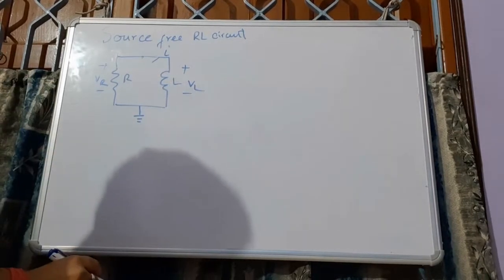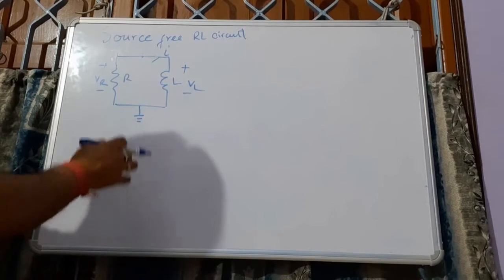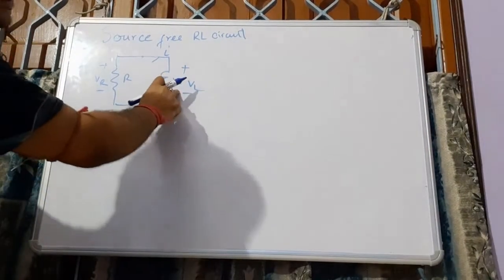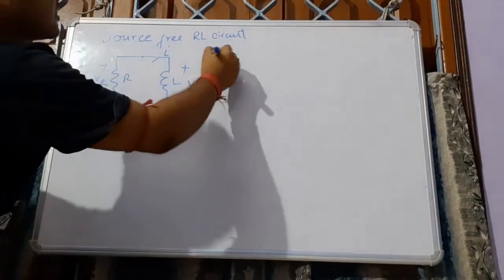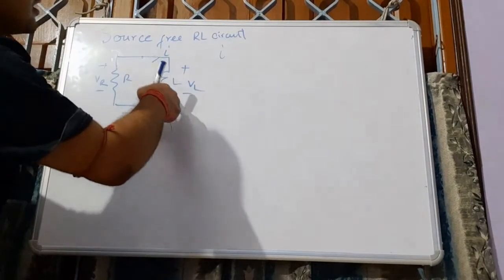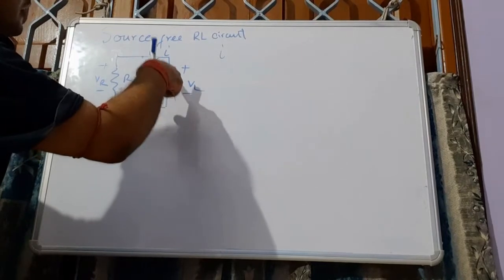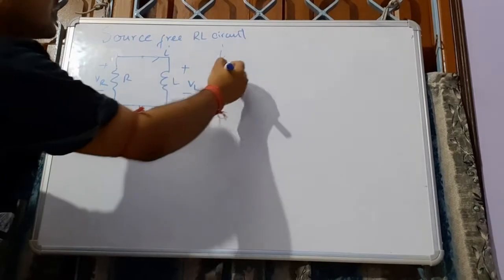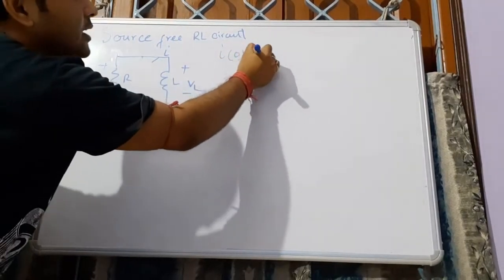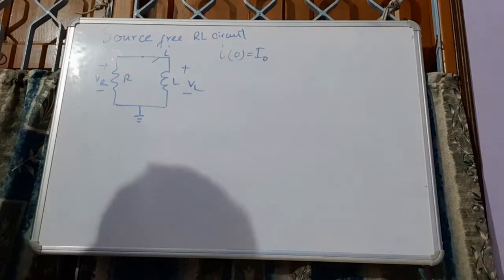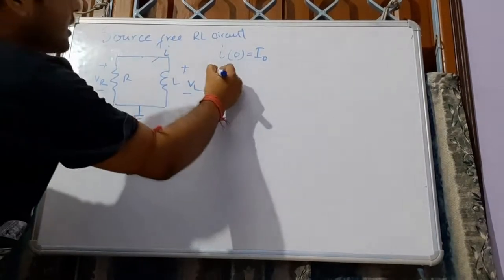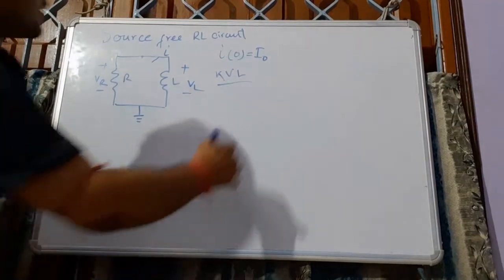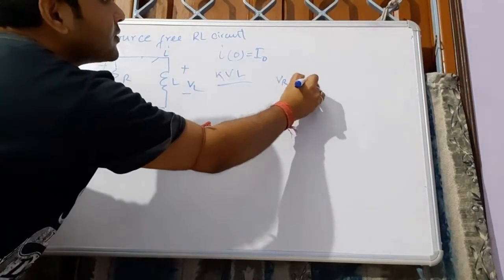Okay. Now you can consider that initially the inductor is charged and the initial current delivered by this inductor is I0, say I naught, right? Now if I take the KVL equation, we will get VR plus VL equals 0.